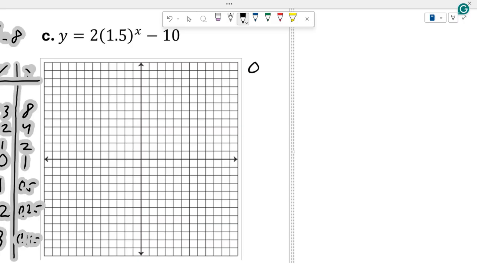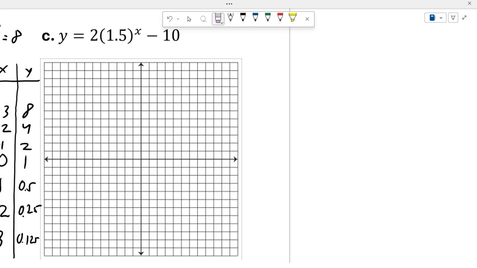So we'll go with x and y. We'll start with 0, but because of the shift, we may end up using more positive values than negative values here, but we'll see how far we get.